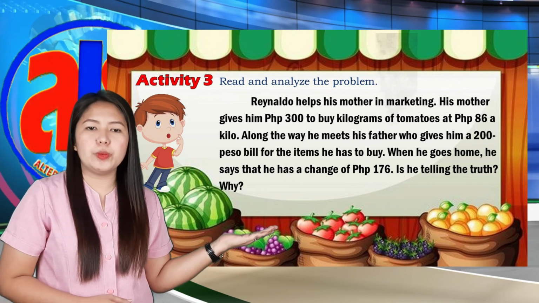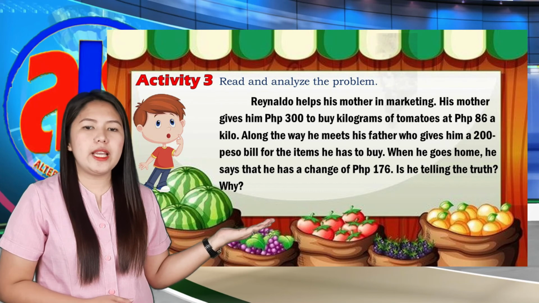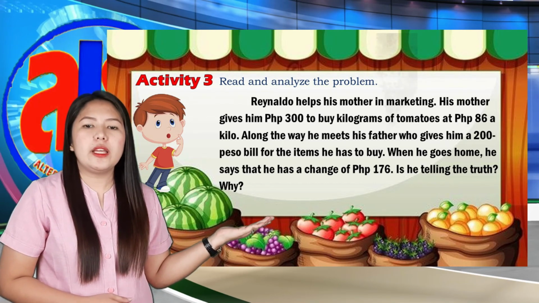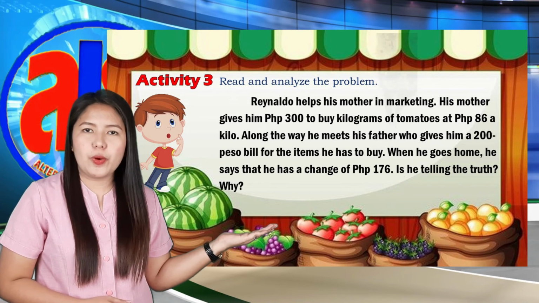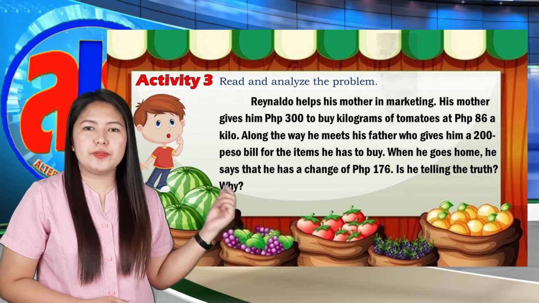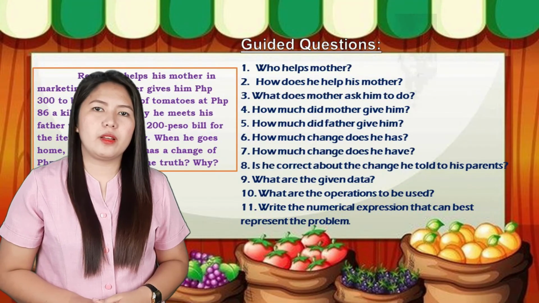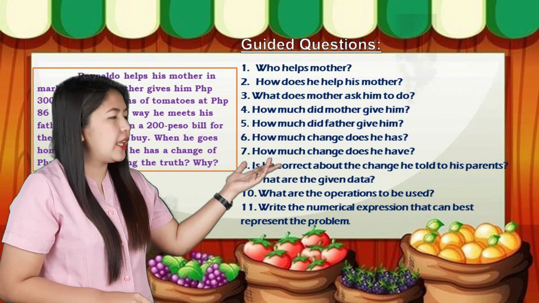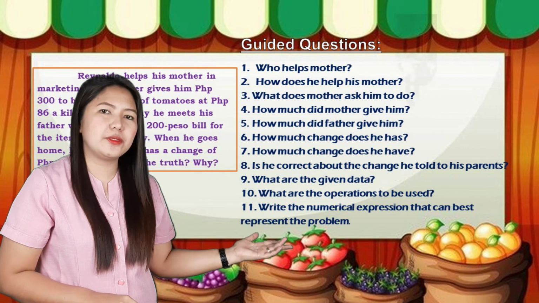When he goes home, he says that he has a change of 176 pesos. Is he telling the truth? Why? For us to know the answer, let us answer the following guided questions.